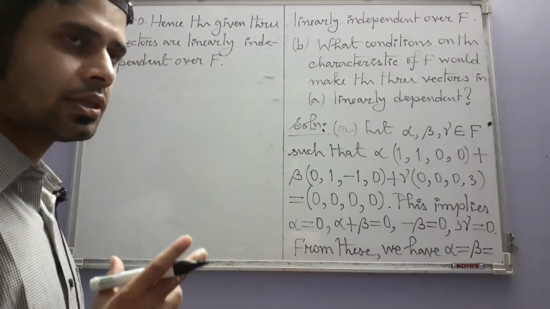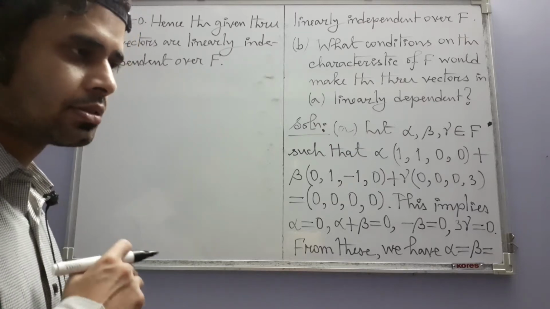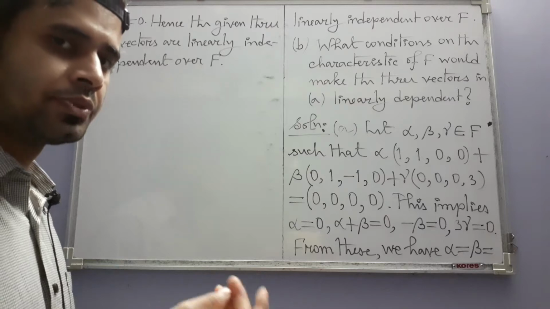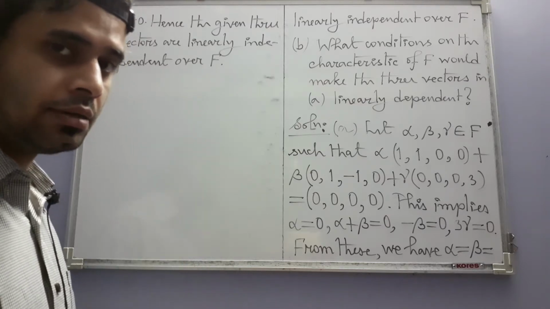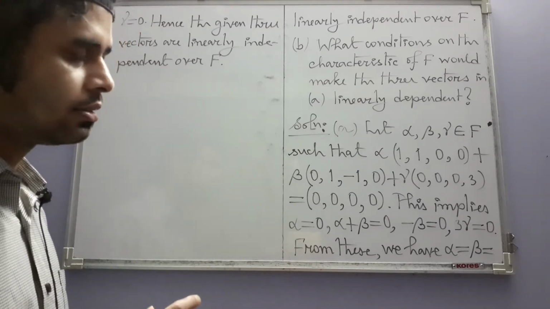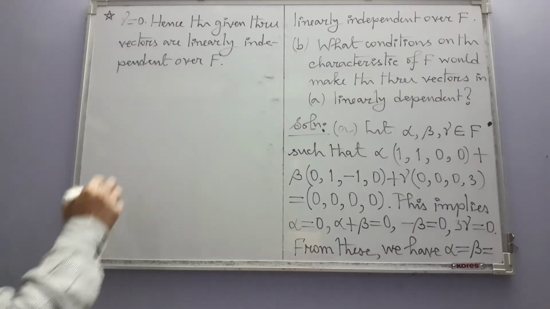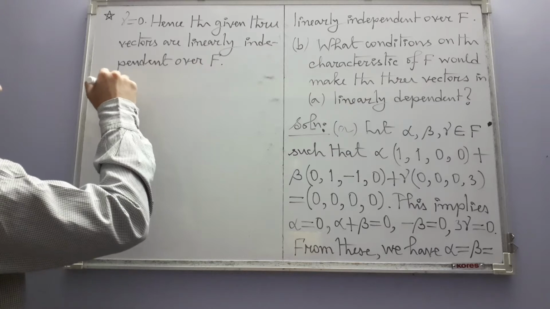But if you have the 0 vector in a vector space in some set, if the 0 vector of some vector space is an element in a set of vectors, then that set is linearly dependent. We have already seen these things. So we write accordingly.